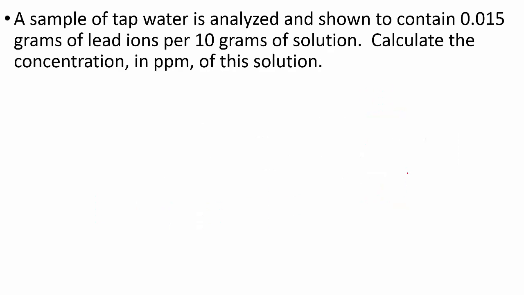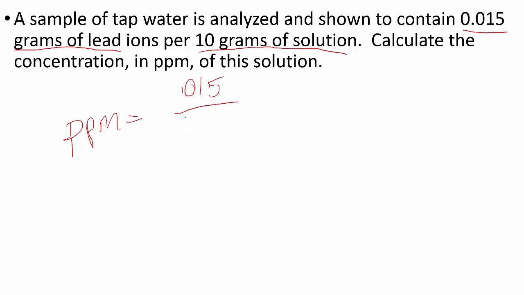So here's an example. A sample of tap water is analyzed and shown to contain 0.015 grams of lead ions per 10 grams of solution. I want you to calculate the concentration in parts per million of the solution. So parts per million would equal the grams of our part, lead, 0.015, over grams of solution, 10 grams, times a million, 1 with 6 zeros after it.